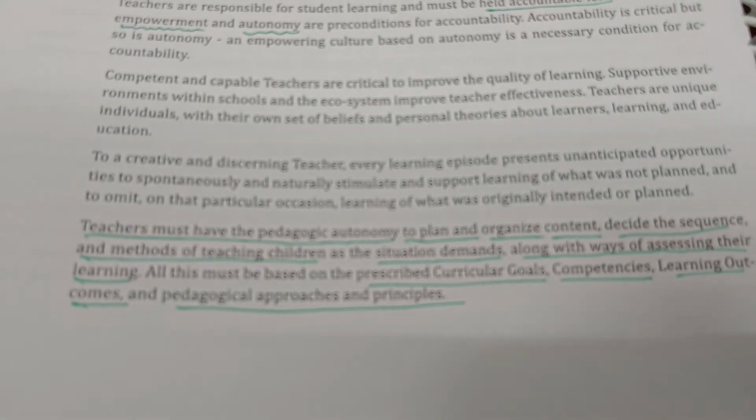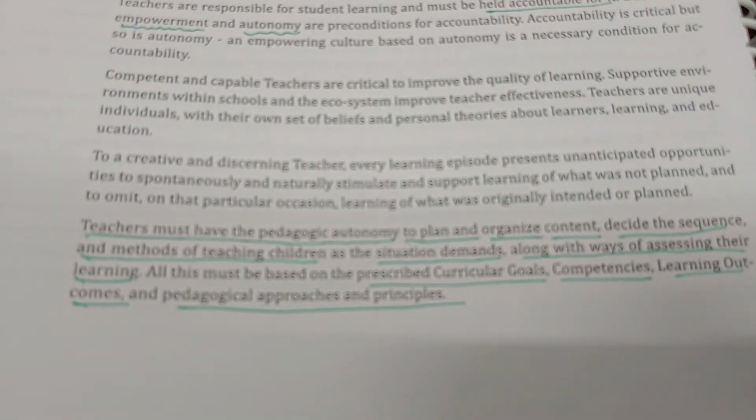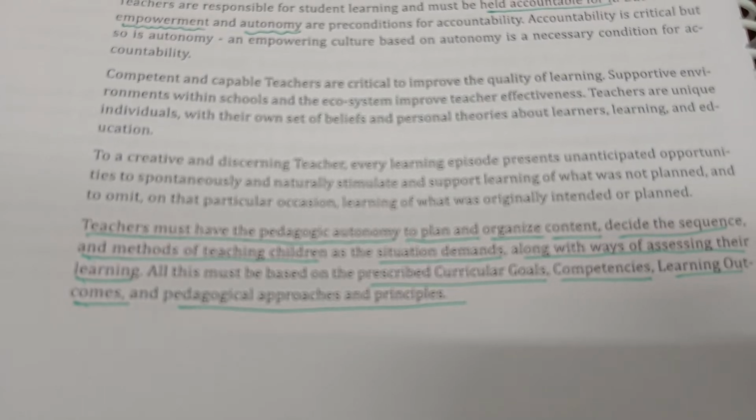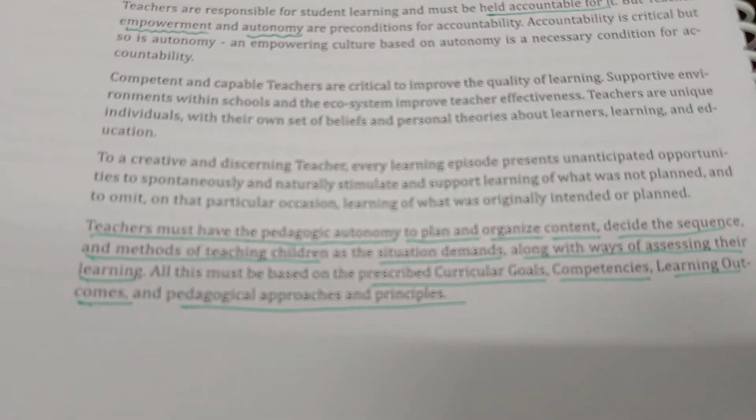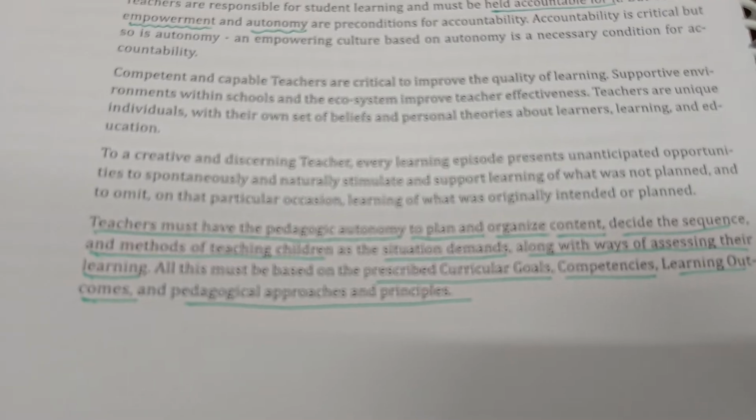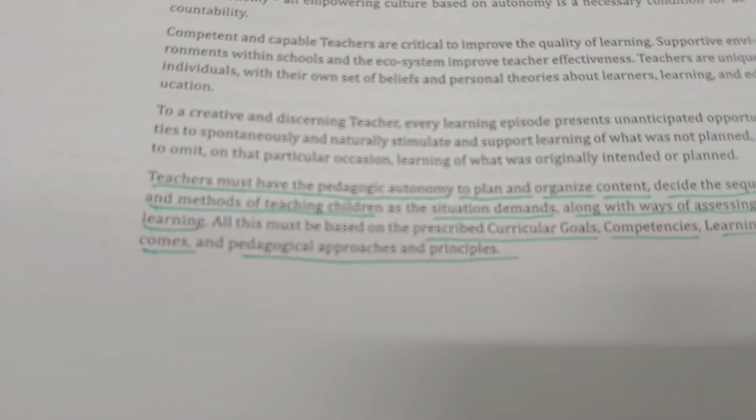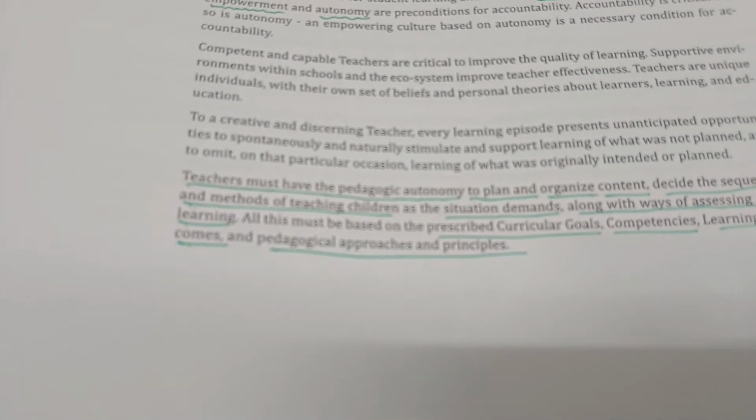Unanticipated opportunities occur in the classroom to spontaneously and naturally stimulate and support learning of what was not planned, and to omit on that particular occasion learning of what was originally intended. As this happens, you plan for a particular thing, but reaching the classroom something unexpected may happen, so instead of the plan there may be variation.